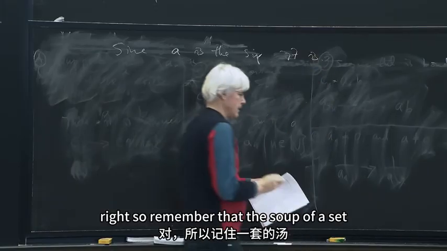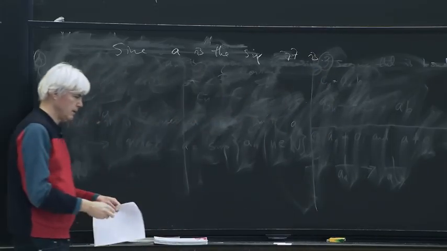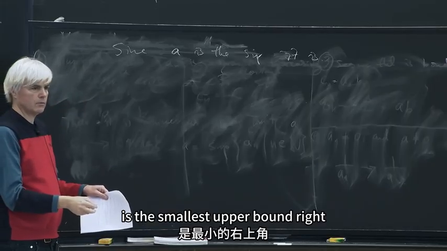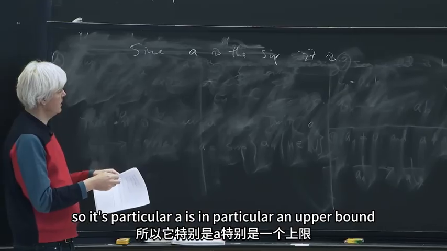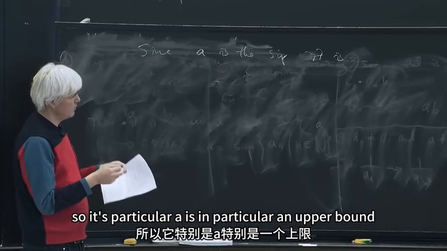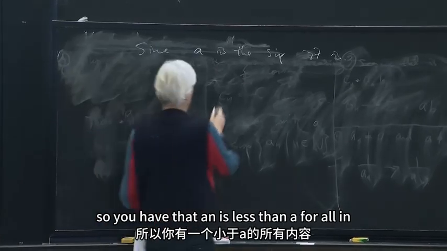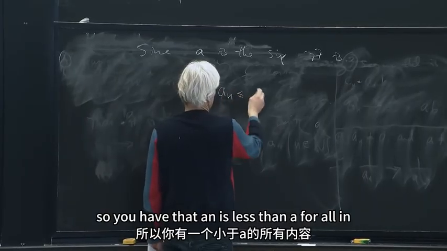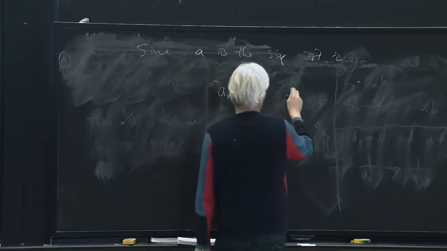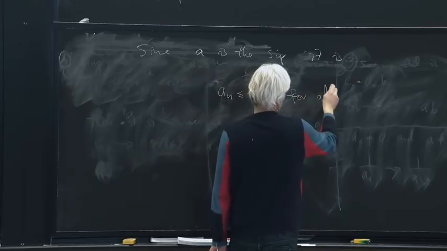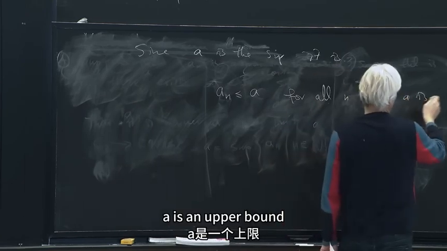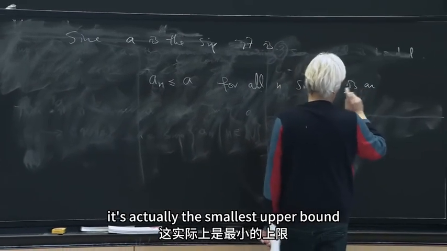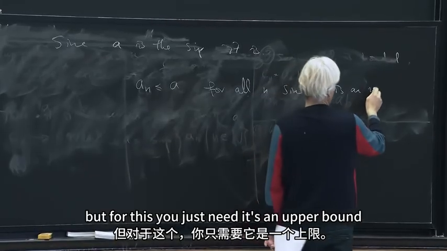Remember that the sup of a set is the smallest upper bound. So A is in particular an upper bound, so you have that a_n is less than A for all n, since A is an upper bound. It's actually the smallest upper bound, but for this you just need that it's an upper bound.